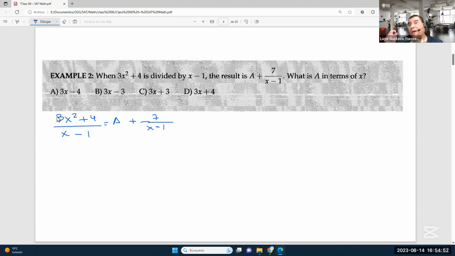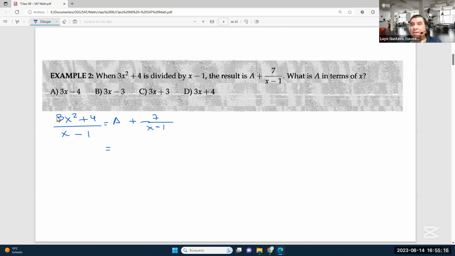First step, why don't I try to put everything on the right side of the equality as a fraction? Because in the end, the original expression on the left side is a division, a fraction.